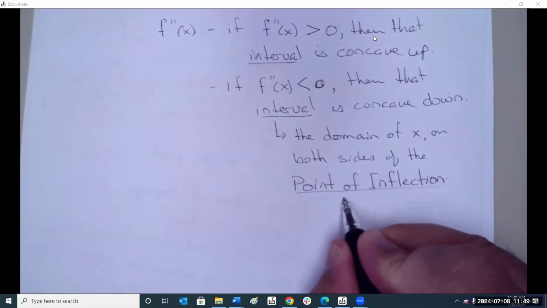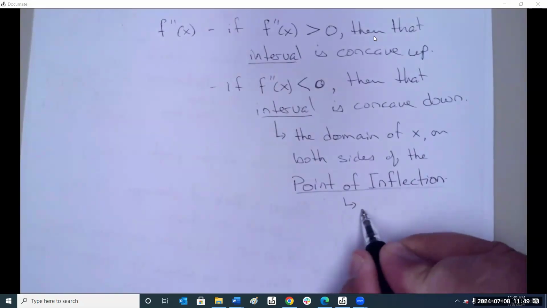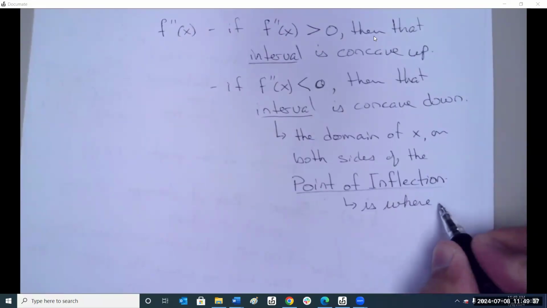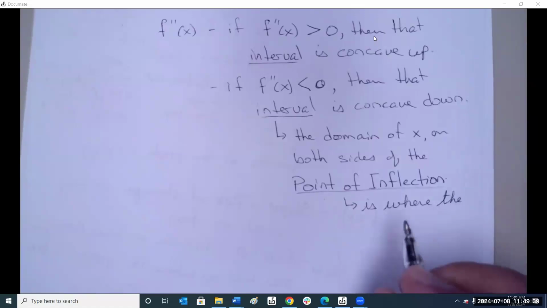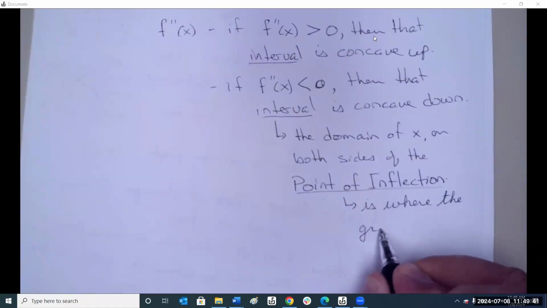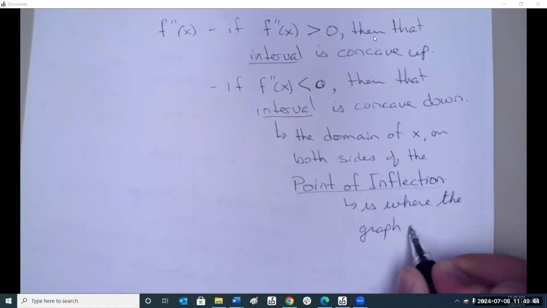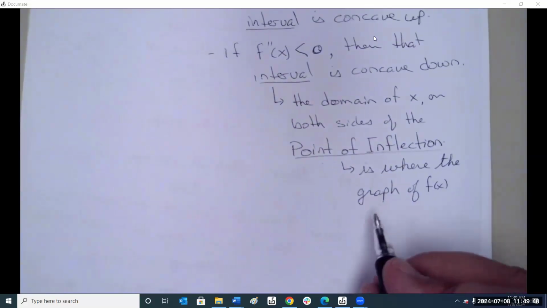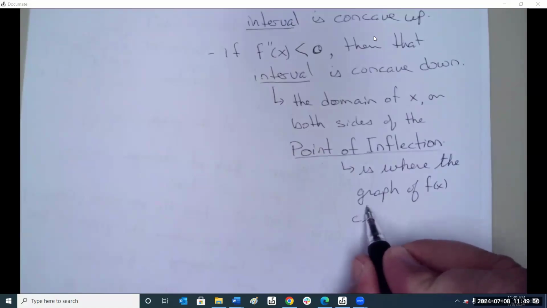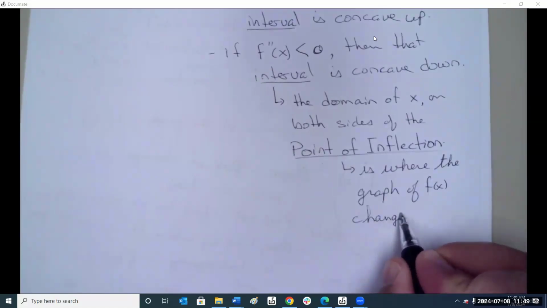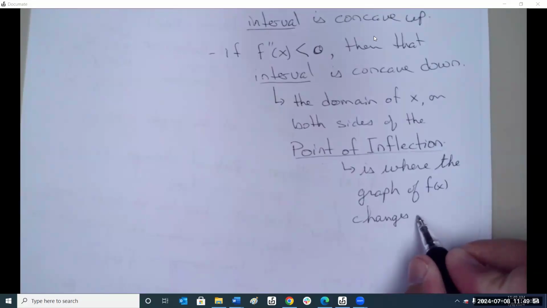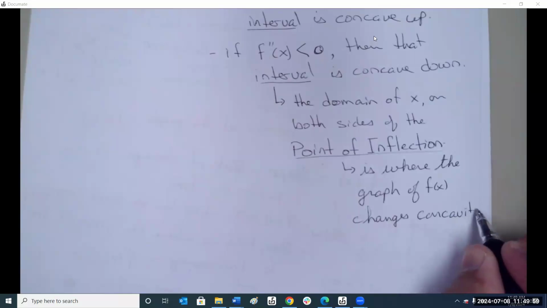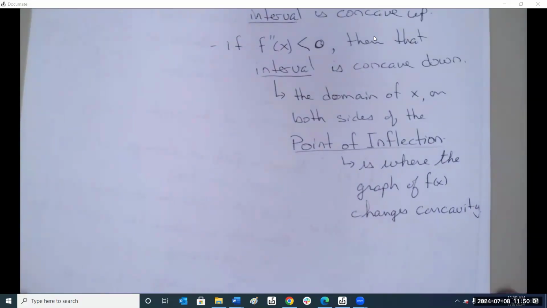The point of inflection is where the graph of the function changes concavity.